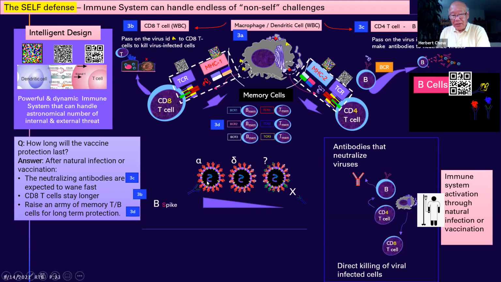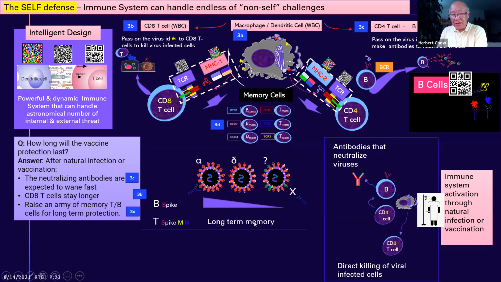When you go from alpha to delta, the effectiveness of the B cell antibody will decrease. But when it changes totally to epsilon and other variants, your antibody no longer recognizes the epsilon, so obviously you're going to have infections.